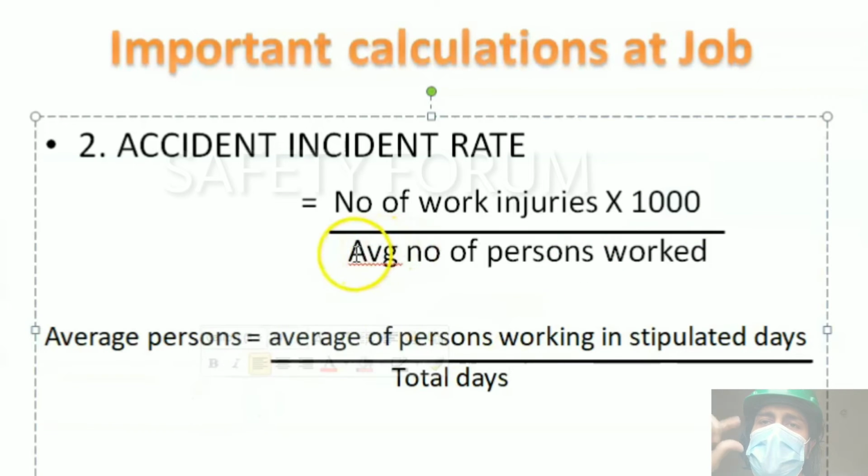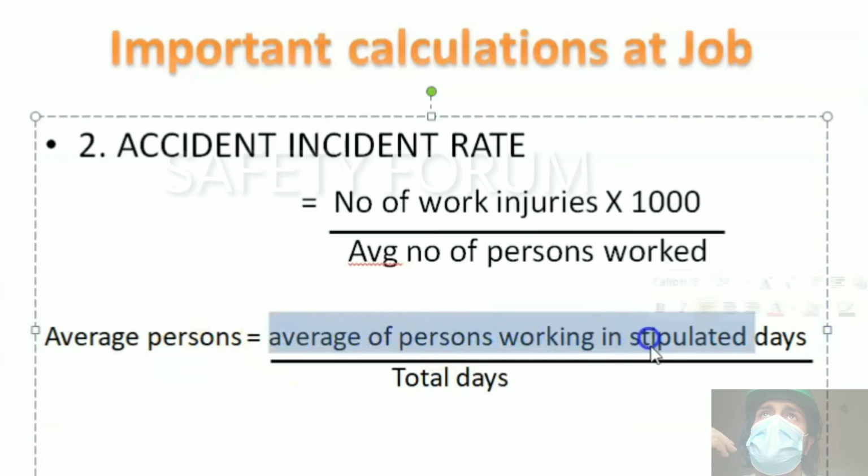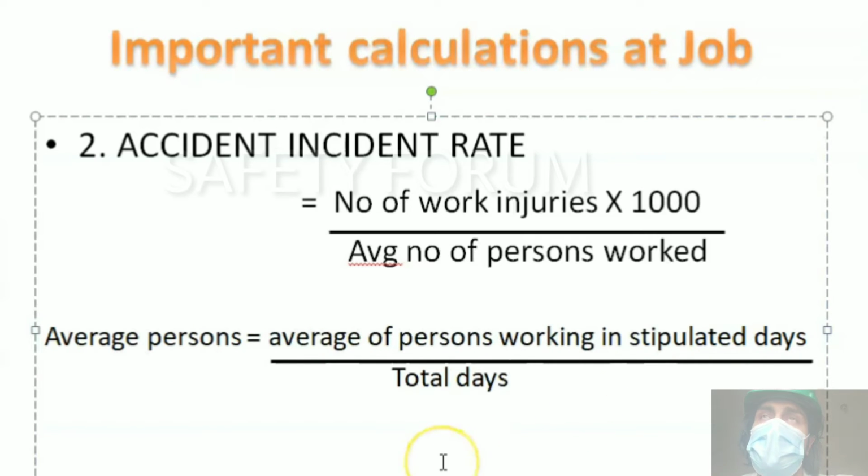So the next confusion may be, what is the average number of persons? Average number of persons means the number of persons who are working in the stipulated days divided by the total days. For example, you have total 26 days, right? So in first day, if 100 people have worked, in the next day 50 people worked. Like that, you have to calculate up to 26 days. So for 26 days, you have to calculate the average number of persons.